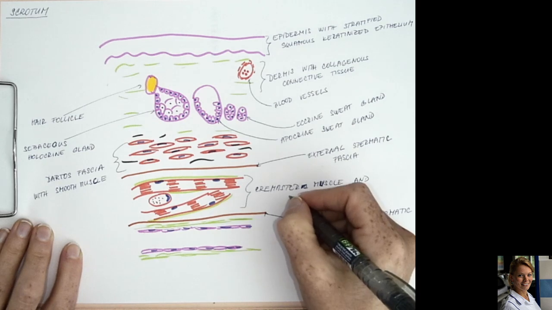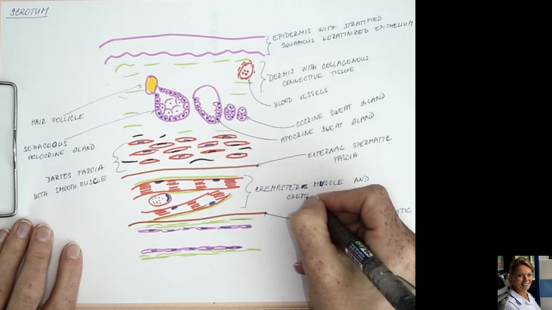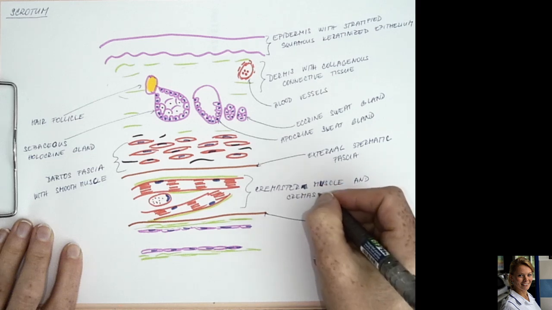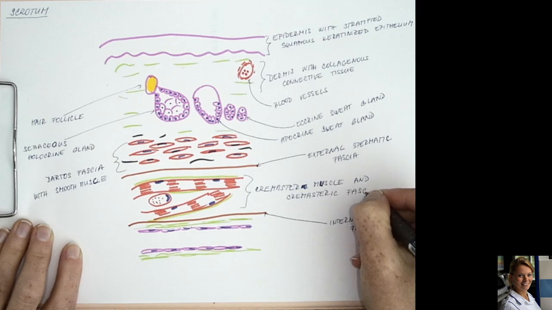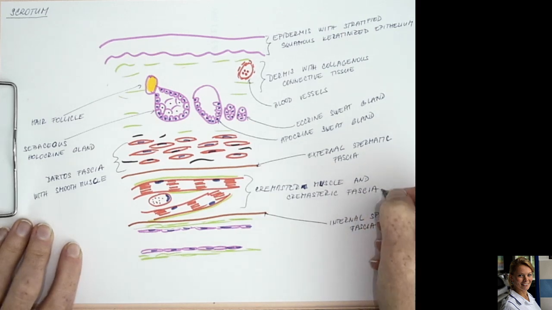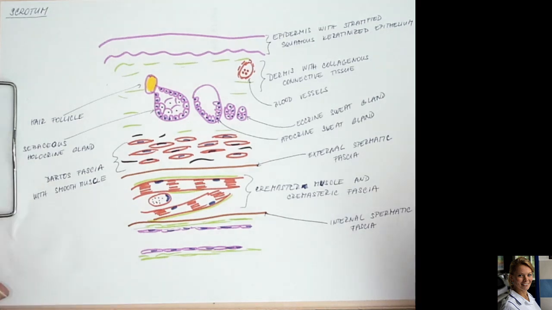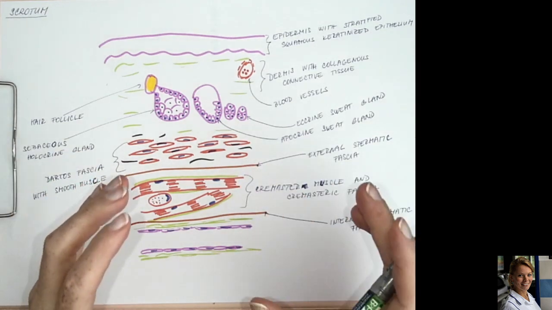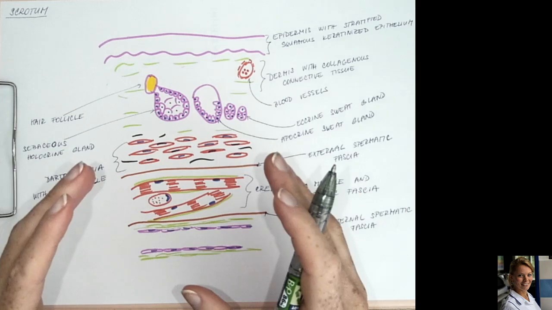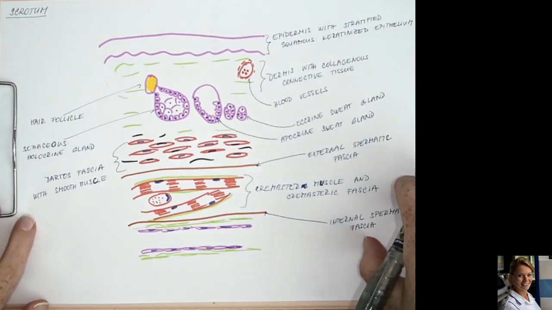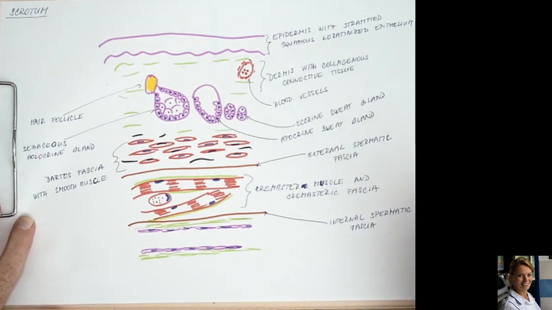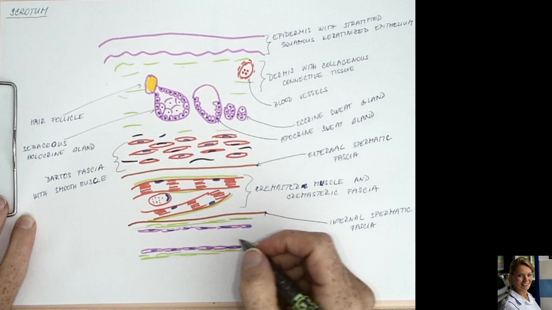And cremasteric fascia. The contraction of cremaster muscle pulls the testicle toward the abdomen.